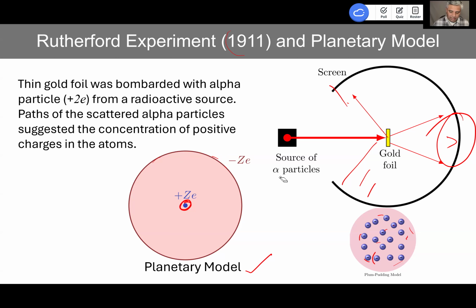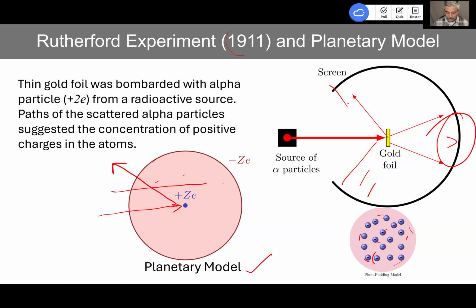So electrons are like planets orbiting the positive charge, and that means there is a lot of empty space between the electrons and the proton. That's why only the ones that came directly close to it got scattered.